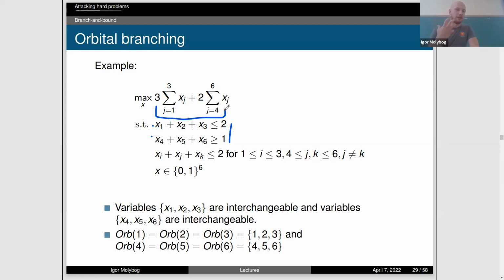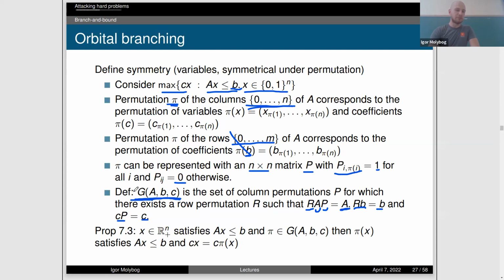So essentially, this particular permutation of 1, 2, 3 into 4, 5, 6 does belong to this set of permutations G. And this set of permutations G basically consists of all such permutations that leave the problem itself unchanged. We will look into more details into that example later.